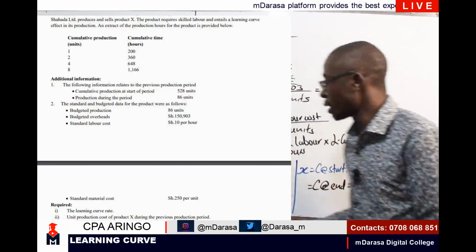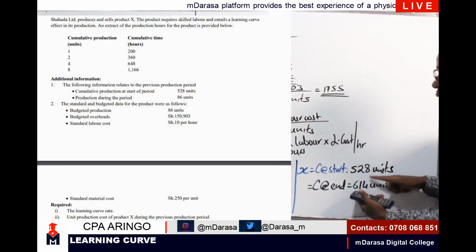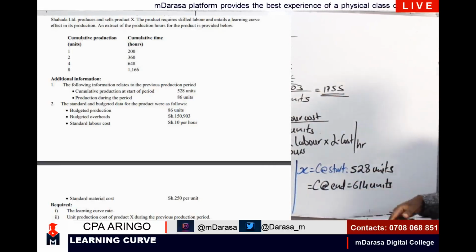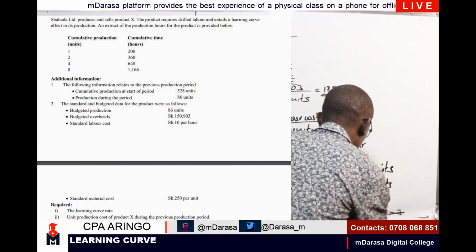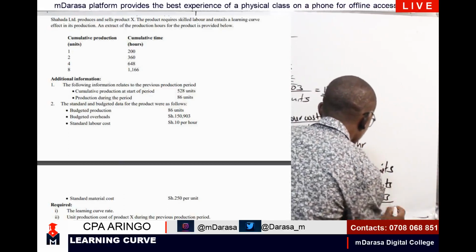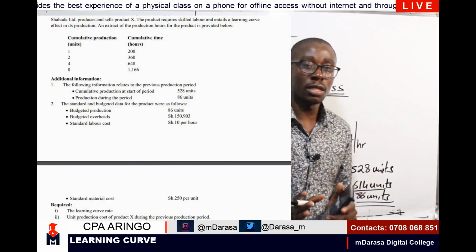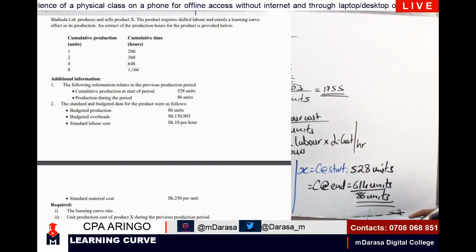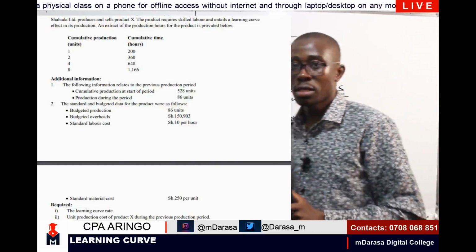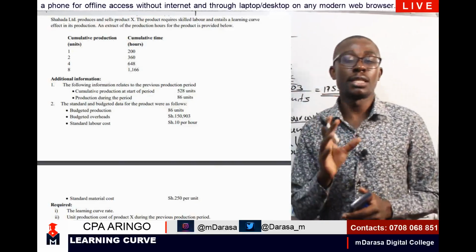The difference between cumulative at start and at the end will give me the 86 units. So it will be upon us to determine the total time of producing the 614 units and the total time of producing the 528 units. If we get this difference, that will give us the time that we took to produce 86 units.